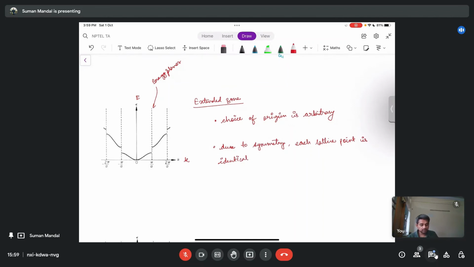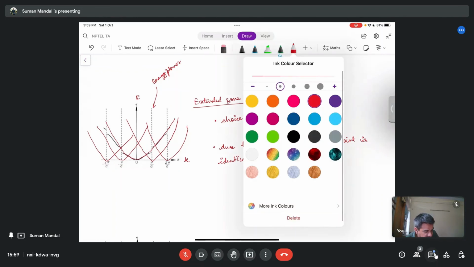So basically what you can do is that you can draw a parabola at each of these points. And then to connect them, you will have a figure like this.